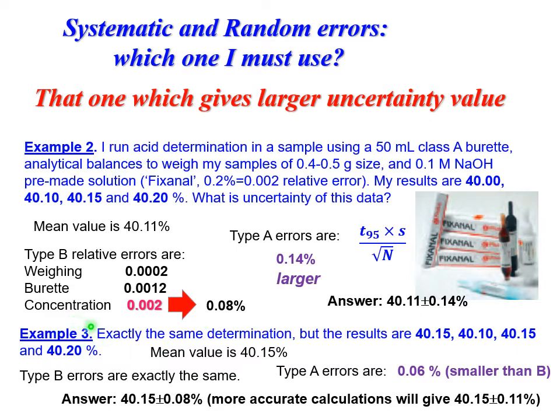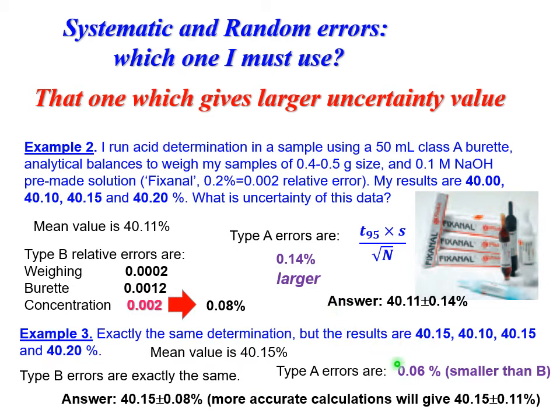Now the next example. Exactly the same determination, so everything is the same, but first number is not 40.00 but 40.15. Everything else is exactly the same. Mean value or average is slightly larger, 40.15. Type B errors are exactly the same, we didn't change anything.